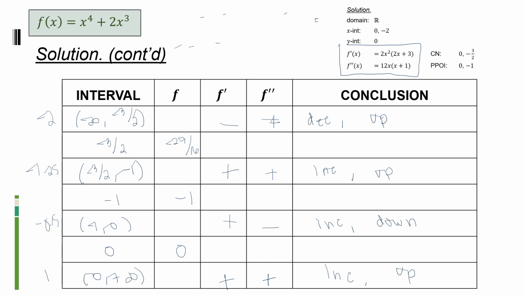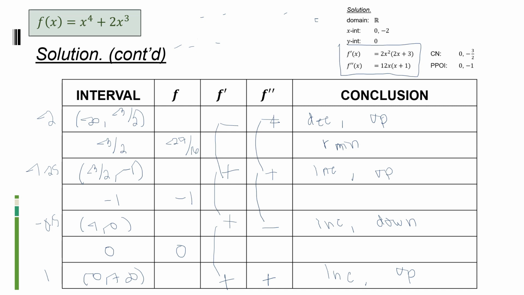Now, let's check our points. So, there is a change from negative to positive. This means that this is our relative minimum. Okay? Here, there is no change, no change either. In this case, from positive to positive, no change. From positive to negative, there is a change.